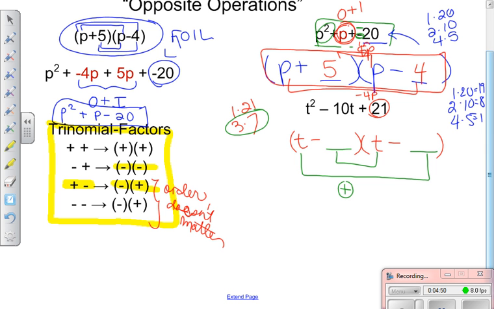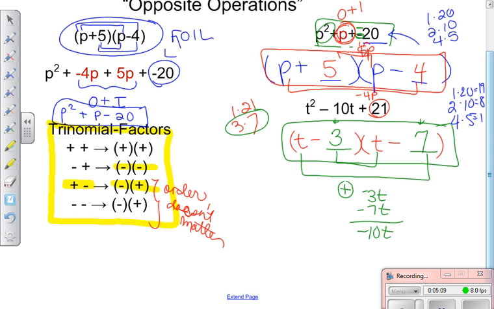Well, obviously 3 and 7. And so we drop in a 3 and we drop in a 7. Order doesn't matter because negative 3t and negative 7t outside inside, negative 10t. But you could have put the 7 here and the 3 here because the signs, it doesn't matter.